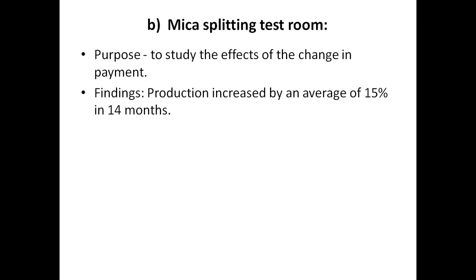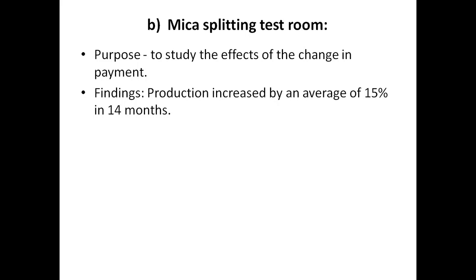The finding of the Mica splitting test room was that the attitude between the workers and supervisor was very congenial, that is, pleasant. Morale, that is the confidence of the group, was high. Solidarity, that is the unity, and loyalty, that is how faithful they are to the group, was marked, and production rose.